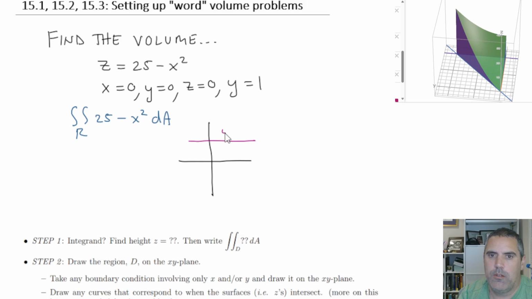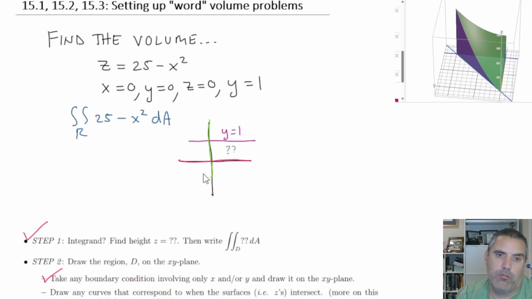Y equals 1. I believe the problem actually said first quadrant, so they all were positive. And so what we've done is we found the integrand, we drew the given xy boundaries, and I'm confused. It does not enclose a region.